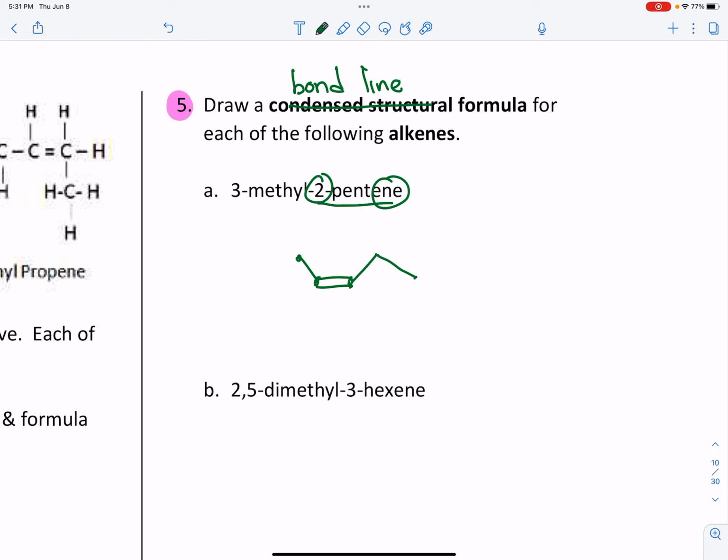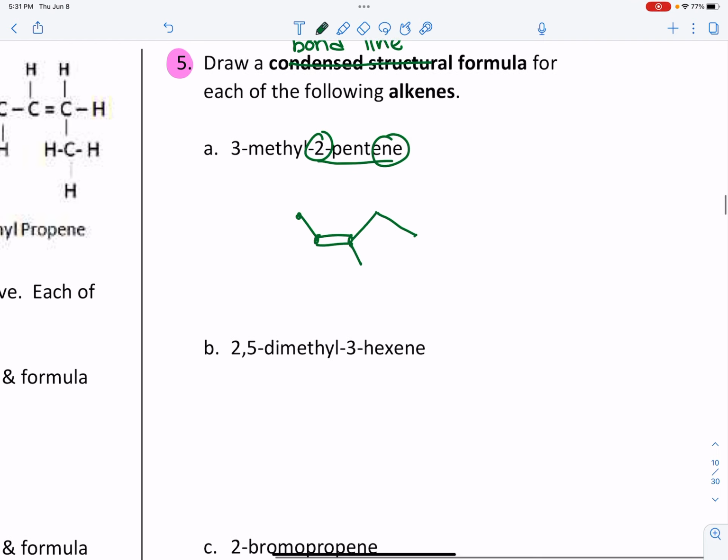Numbering from the same end, from the left, carbon 3 has a methyl branch. There's my molecule. Now I'm ignoring as I draw this, and in the name it wasn't specified, there can be, and in this particular molecule there would be, some geometric isomerism, where we use cis and trans as part of the name. In this question, we're not going to look at that.